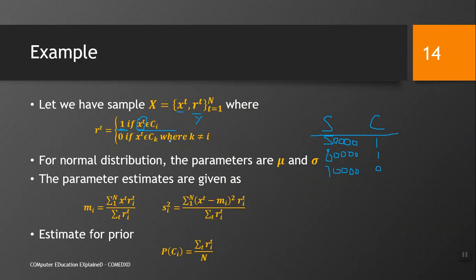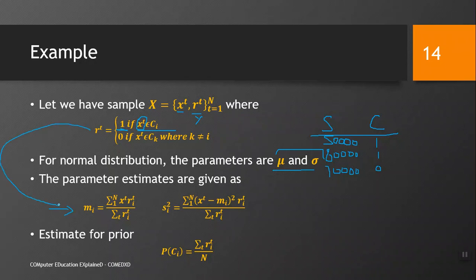For normal distribution, the parameters are these. If we are working with the normal distribution, we have only these two parameters to estimate. The parameter estimates are given as, now we change the equation a little bit to incorporate this multi-class problem.